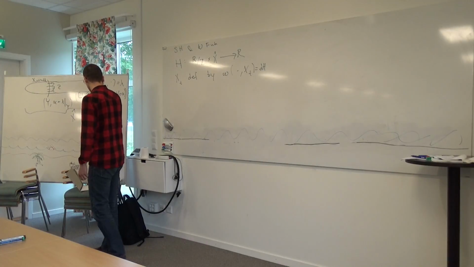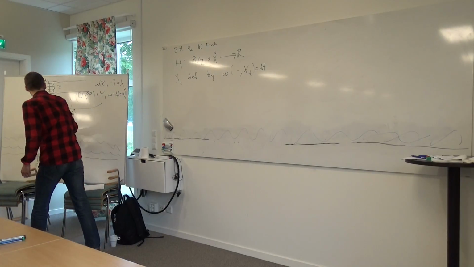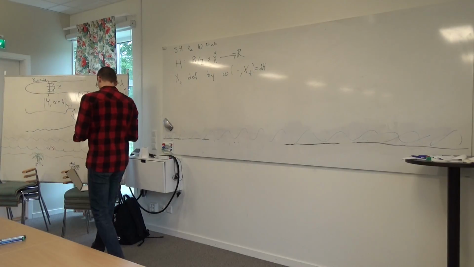And one thing that works is if H looks like this. It's something, and then linear with some slope.